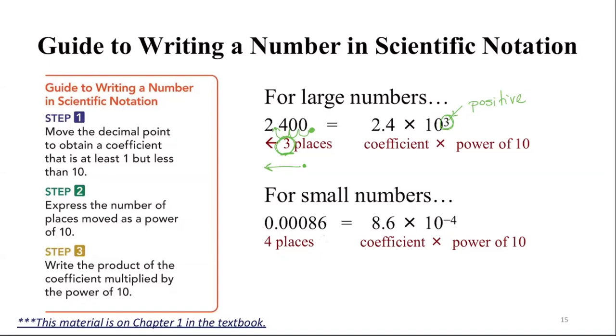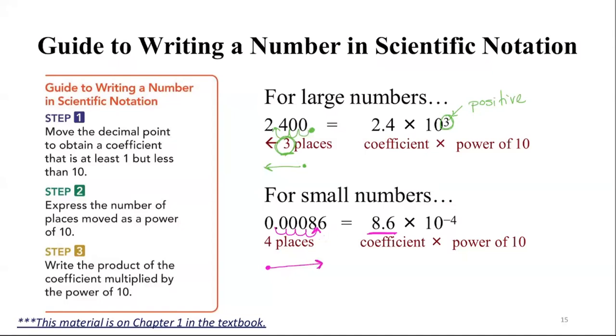Again, we are going to move it such that we create a coefficient that is at least 1, but less than 10. So we're going to move it 1 time, 2 times, 3 times, 4 times. So now our decimal place lives here. This is where the 8.6 comes from. Now notice that we move that decimal place from left to right.